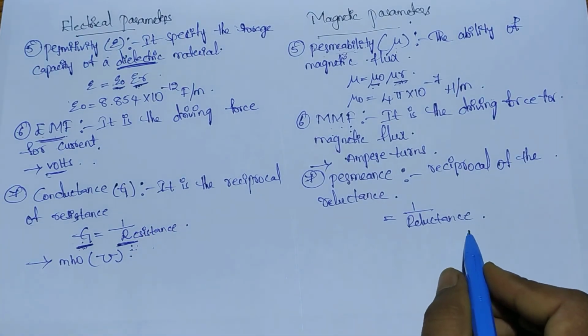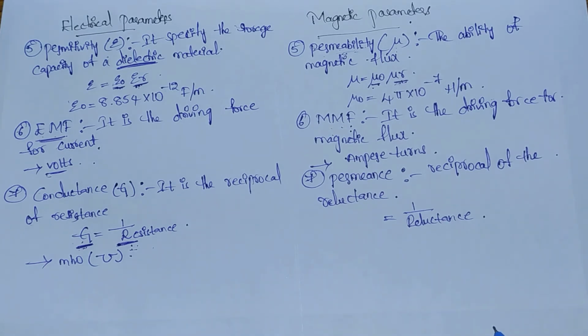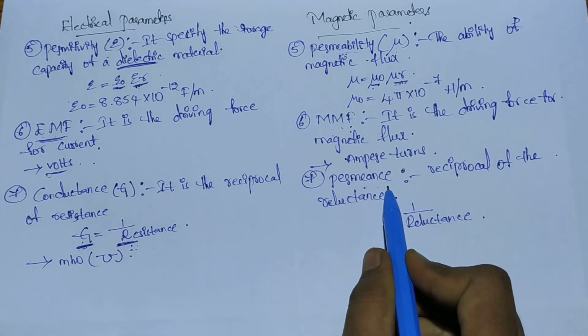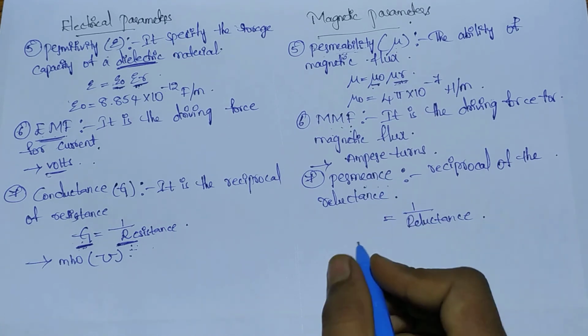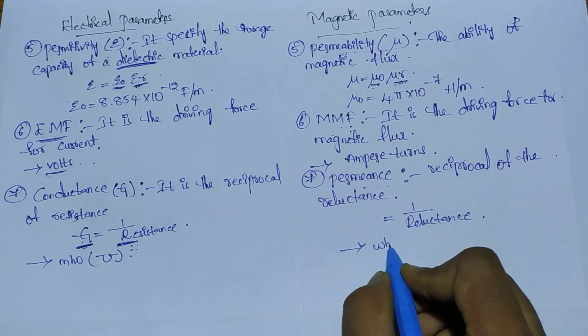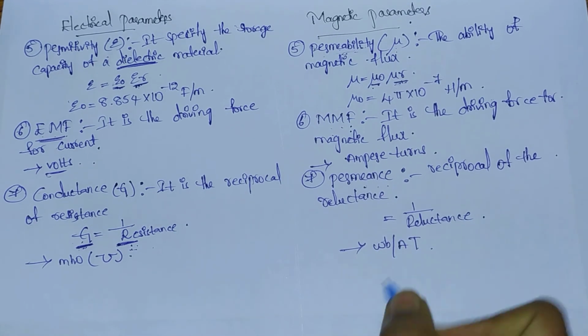The main function of reluctance is to oppose the flux, while permeance allows the flux. The unit of permeance is Weber per ampere turn. These are the basic elements of electrical and magnetic parameters.